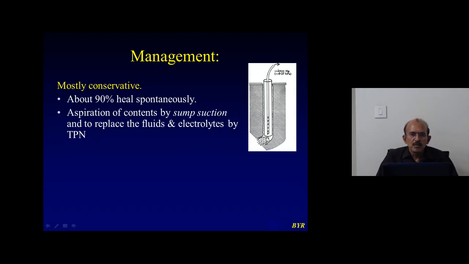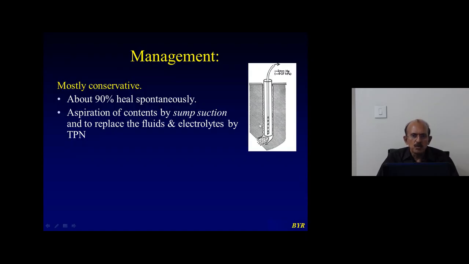So what you do is you pass a large tube through this fistulous tract up to the pancreas. Then pass a finer tube with multiple openings and apply suction to this. What happens? All the fluid collecting here will be aspirated by this tube.